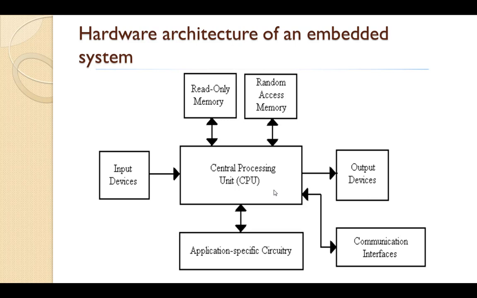Communication interfaces, if you want to communicate with your computer, like serial communication, UART, SPI, I2C, all this part. RAM, random access memory, to store the data. Read-only memory, that is ROM, for your functions and software.